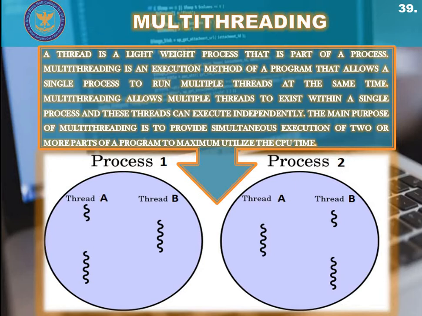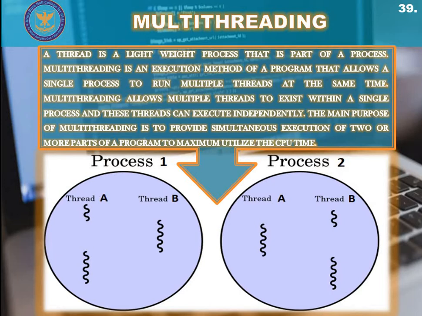And multi-threading is an execution method of a program that allows a single process to run multiple threads at the same time. As said earlier, a process can have multiple threads inside it, and multi-threading is the ability of a process to execute multiple threads at the same time.